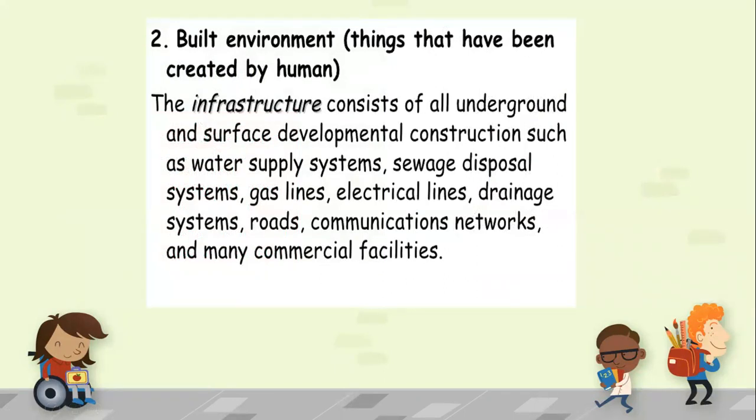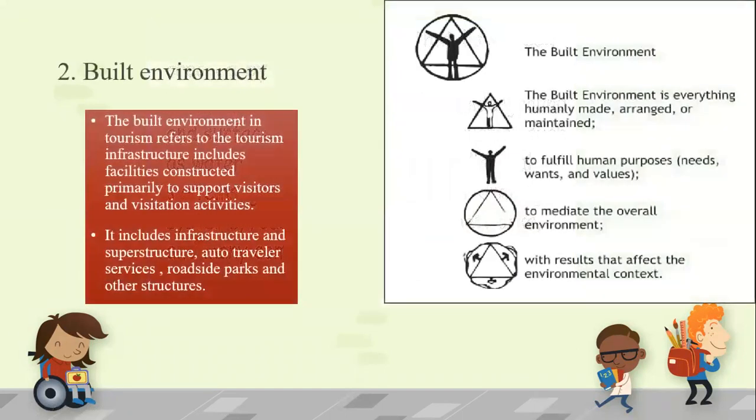Students, I hope you can relate now that if you just go to a natural, beautiful place, that's not enough for you. If you want to stay there, if you want to visit that place, there are also these mandatorily needed services that you need. And these services, these structures are made by humans. So it is called built environment.